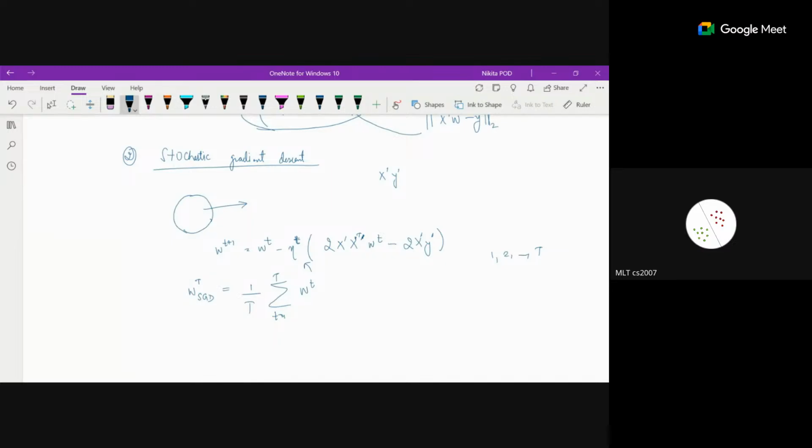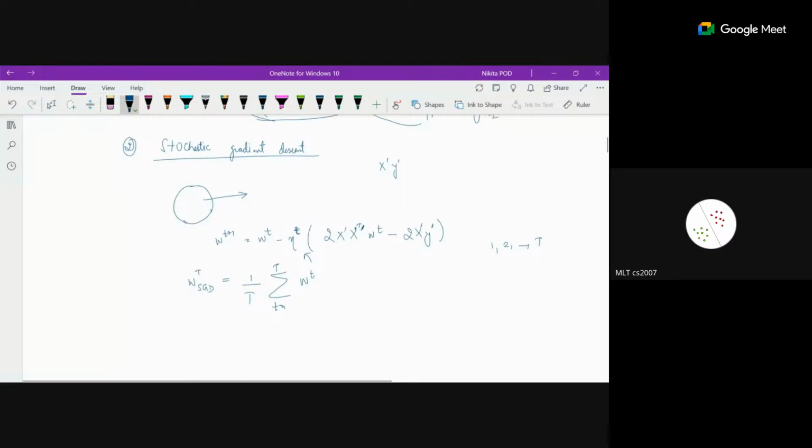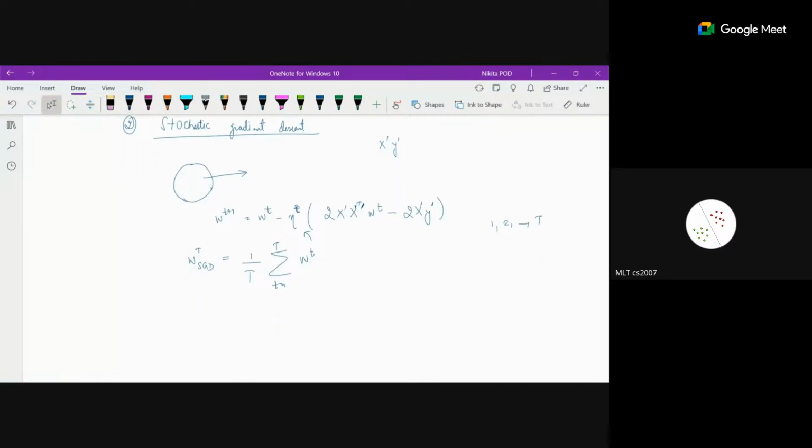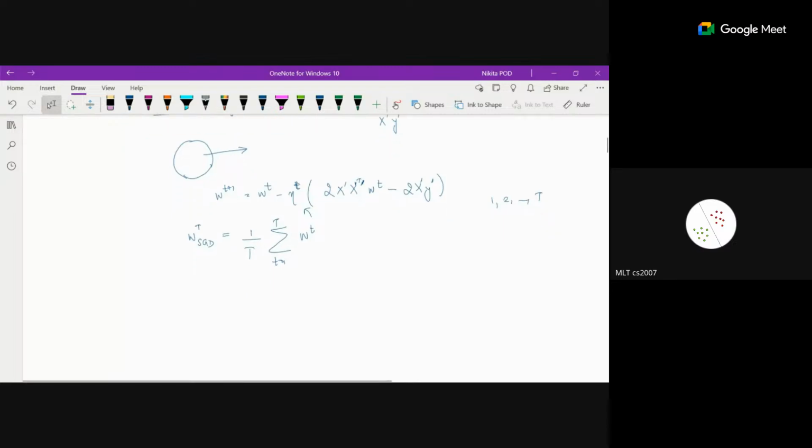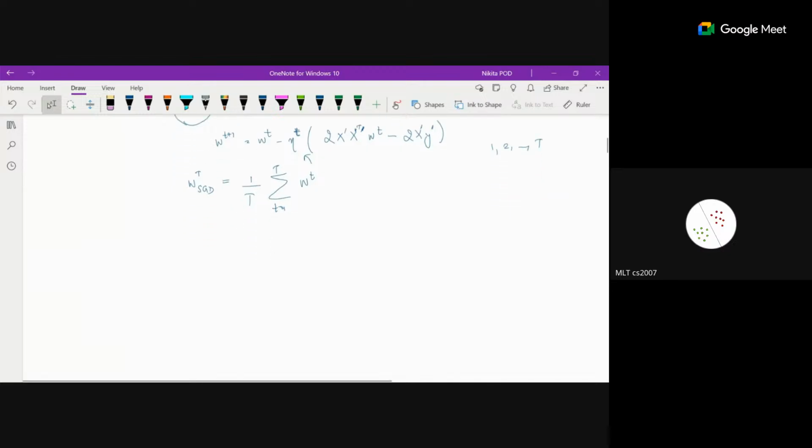These are the two optimization techniques that we saw to find your W star in case the computation of W star is something you are not able to work out.